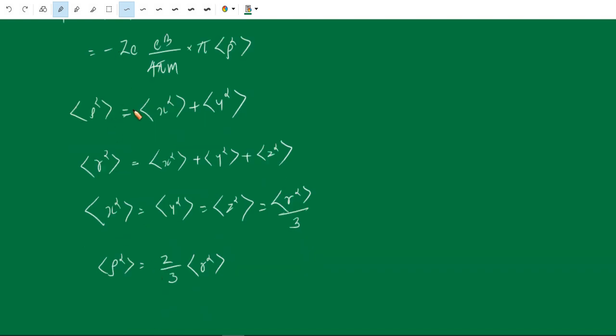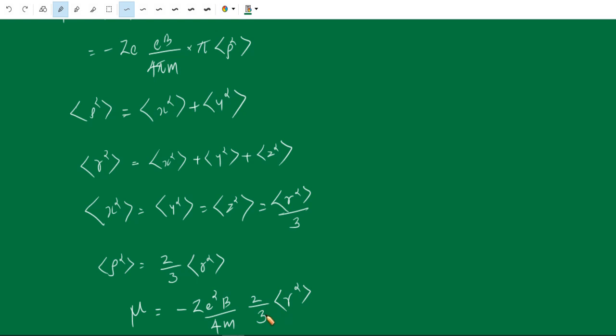Therefore the magnetic moment mu is equal to minus Z e square B divided by 4m into rho square, with rho square equal to 2 by 3 mean r square.